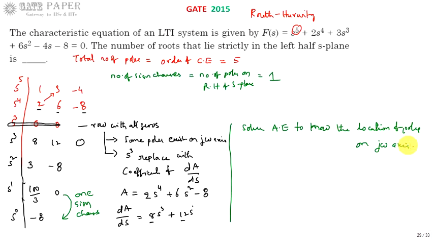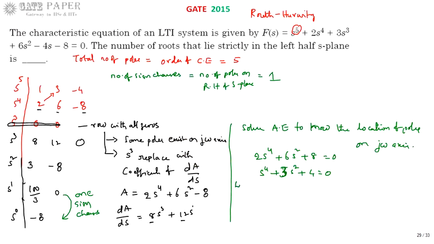The auxiliary equation is 2s power 4 plus 6s square plus 8 is equal to 0. So you can write it as s power 4 plus 3s square plus 4 is equal to 0, after rationalizing with 2.